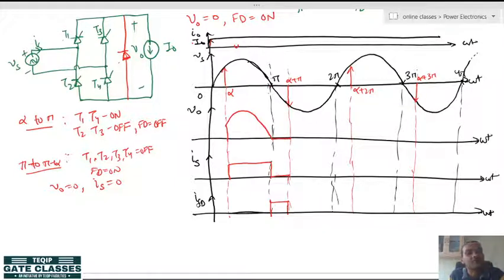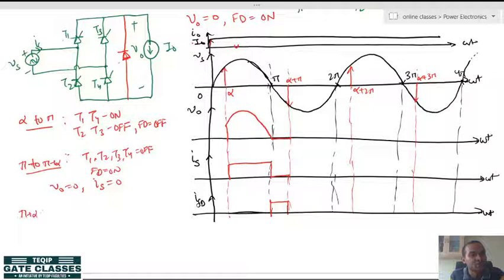As soon as at alpha plus pi you give the gate pulse to T2 and T3, because T2 and T3 were forward biased but because of the absence of a gate pulse they were not conducting, they will turn on. Again the load and source become connected, and because of turning on of T2 and T3 the freewheeling diode again becomes reverse biased.